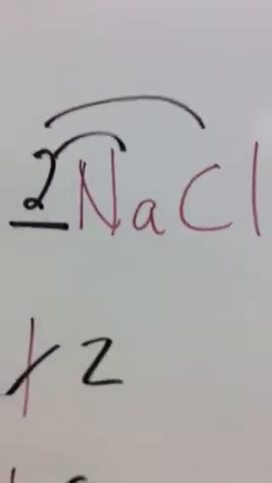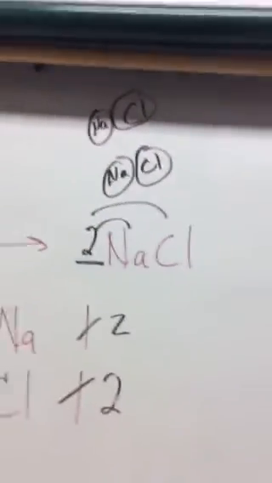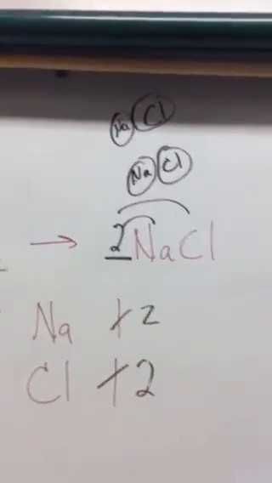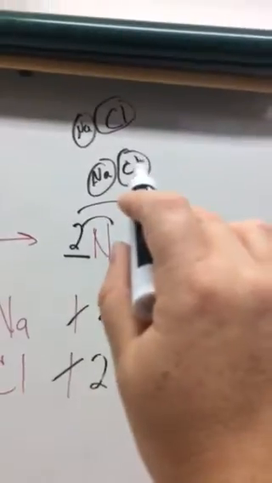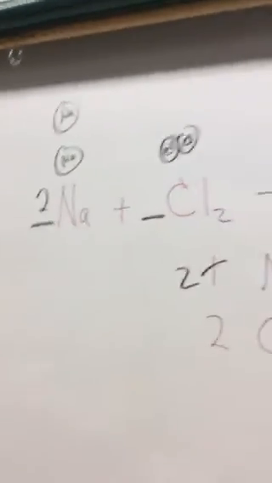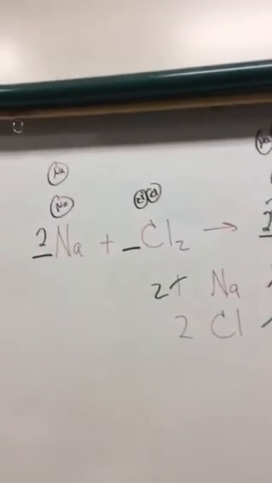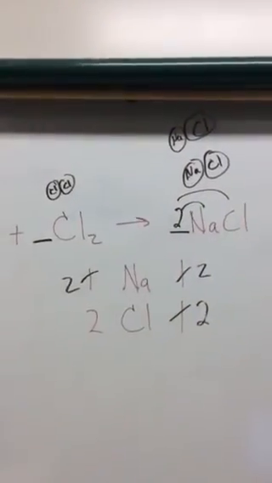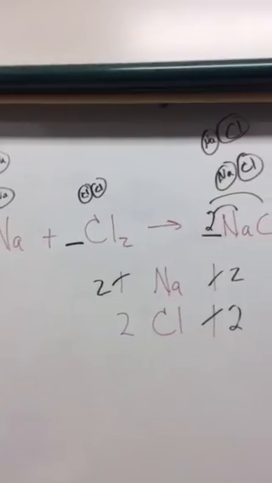And then 2 NaCl would be, I've got an NaCl, so here's what 2 NaCl would be. I've got one molecule of NaCl, and then I've got a second molecule of NaCl. And so that would be the finished product for that, or the finished balanced equation.